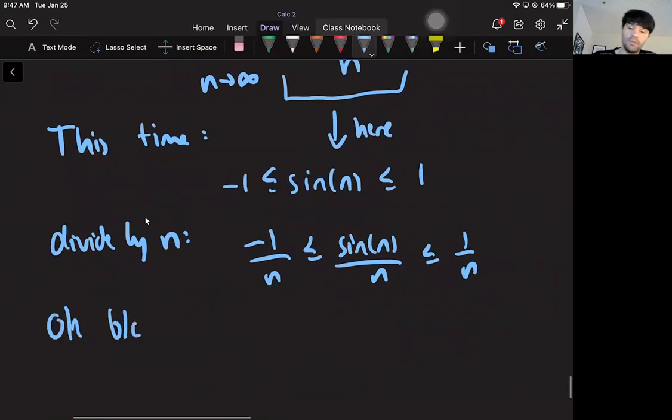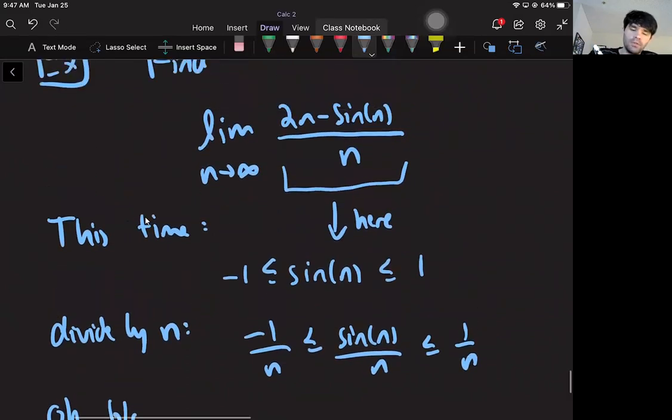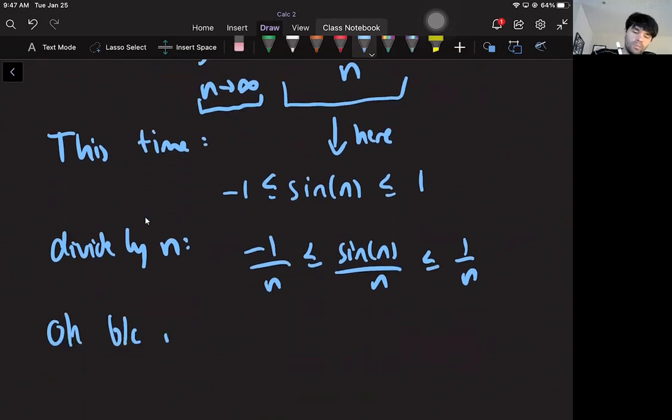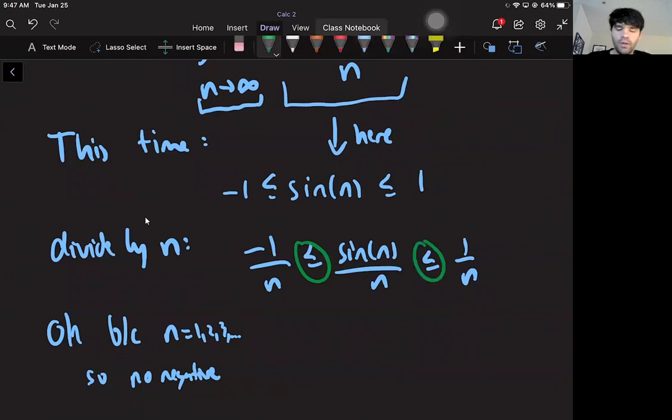Well, it's because when you're taking the limit as n goes to infinity, you're not worrying about negative numbers for n. n starts at 1, so 1, 2, 3, 4, 5, and so on. So you're never dividing by a negative. So these guys, we don't have to worry about them flipping around.